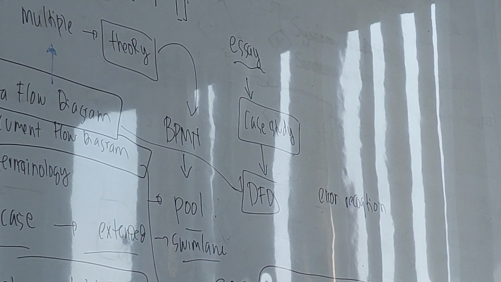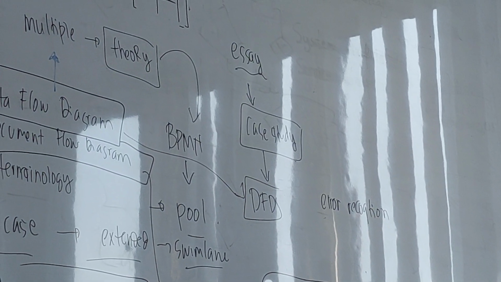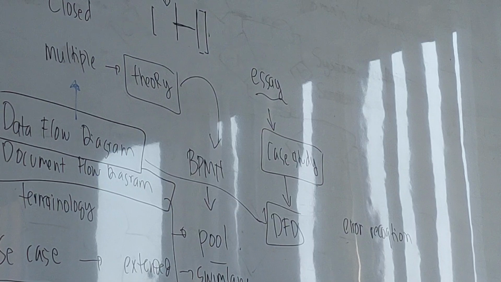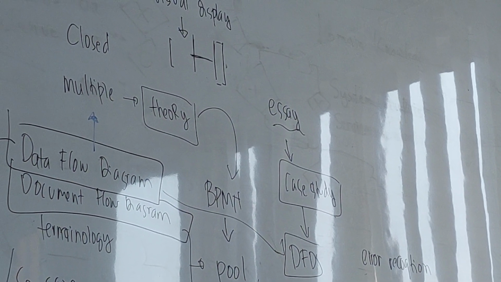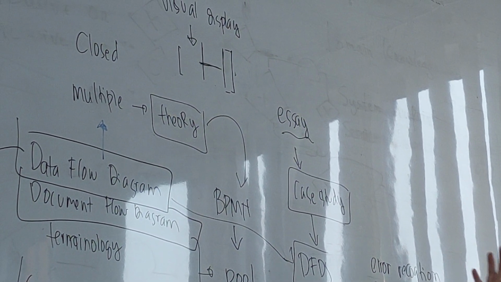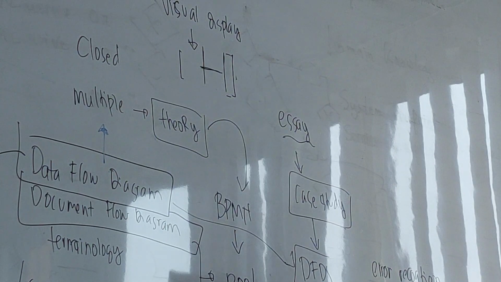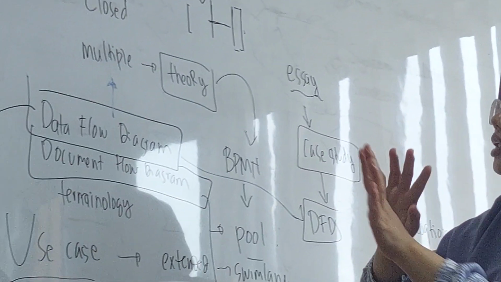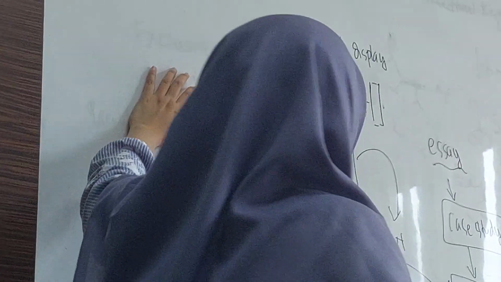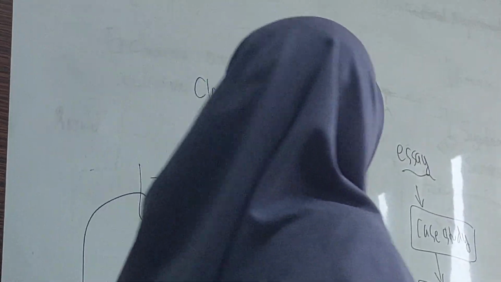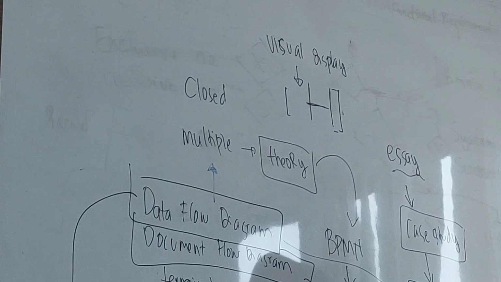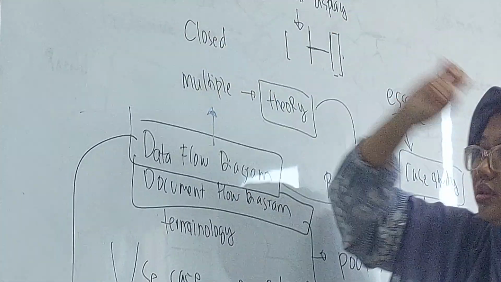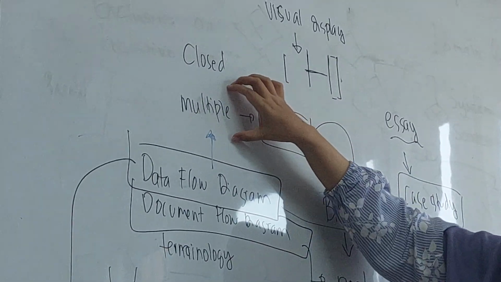For our final exam for this subject, is it closed book? Yes, plus also the case study. The subject team has not yet discussed it, but usually in the previous final exam, it can be multiple choice.